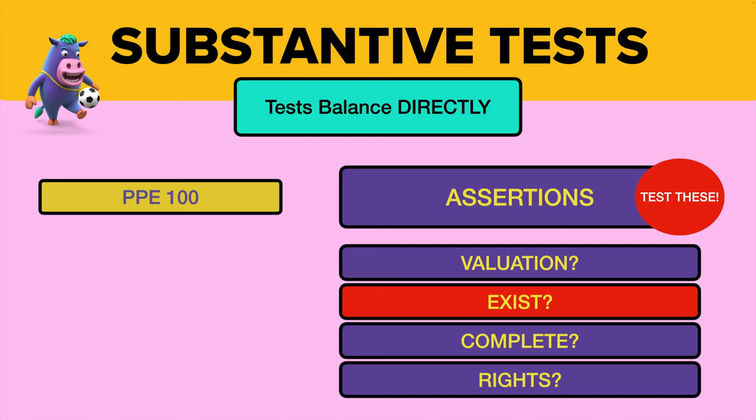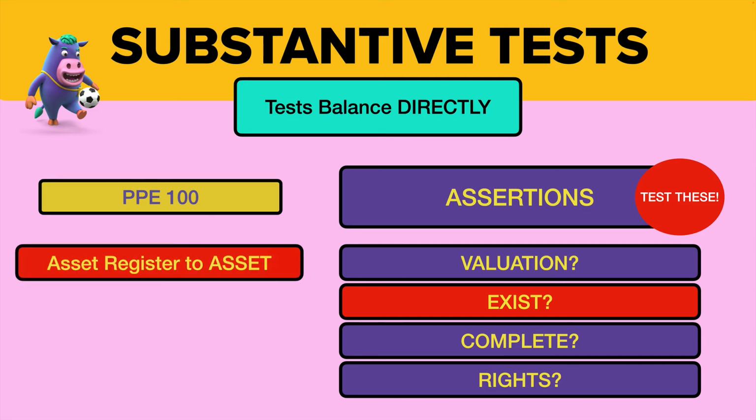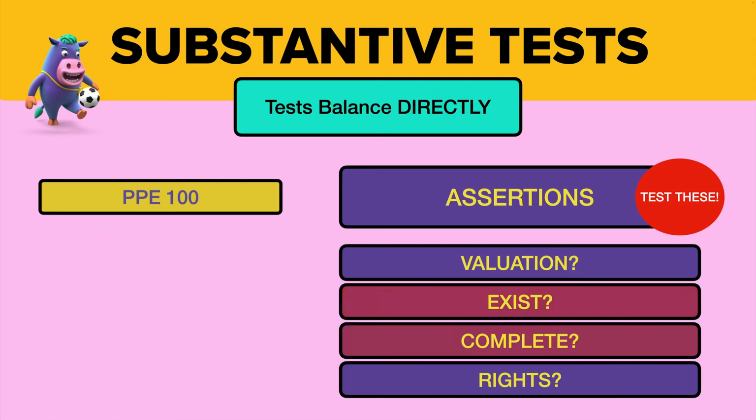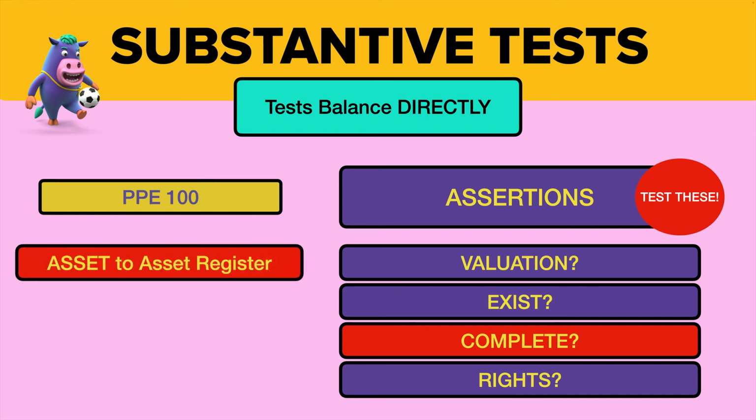So in the accounts, that 100, there'll be what we call an asset register with all the assets listed out. Well, how can you check that those assets in the asset register actually exist? Well, just go check them. Go from the asset register and then go physically inspect the assets. But how can you check that all the assets are on the register? Well, take an asset and then say, show me it on the asset register, just the other way round.